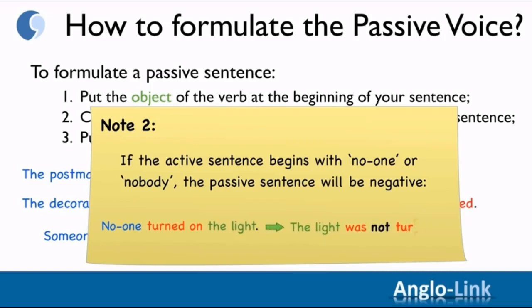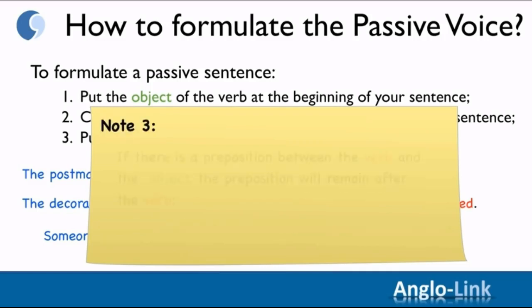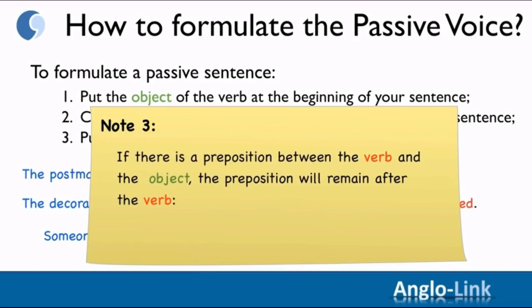The light was not turned on. And the final note, if there is a preposition between the verb and the object, the preposition will remain after the verb. For example, they talked about the issue. The issue was talked about.